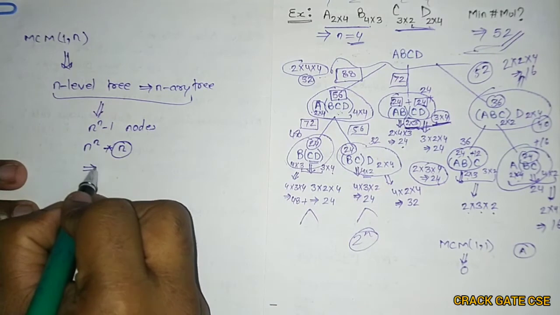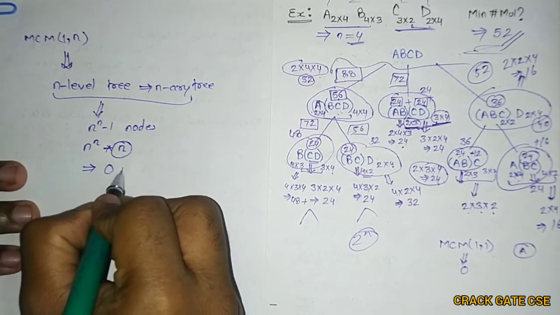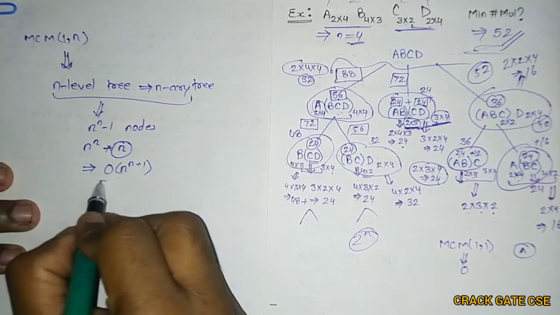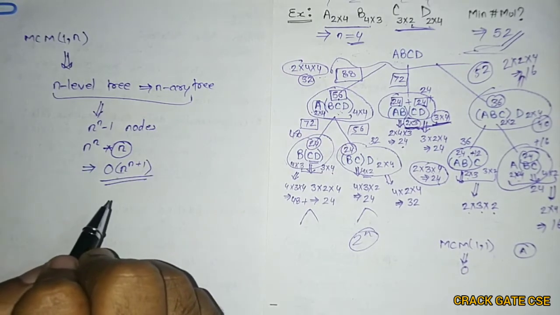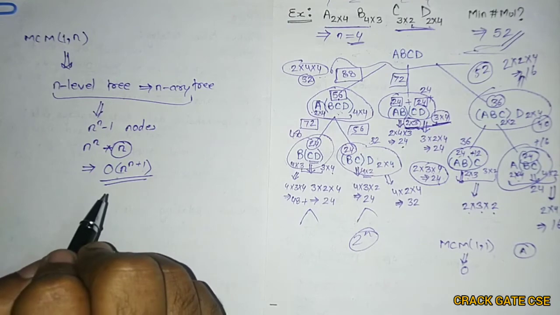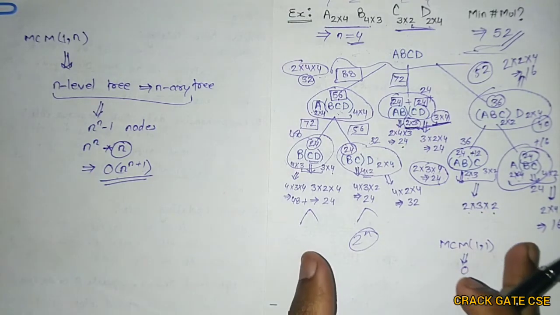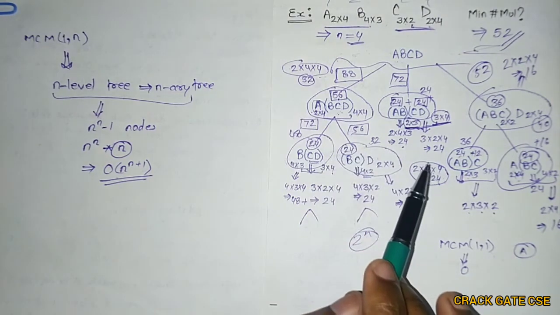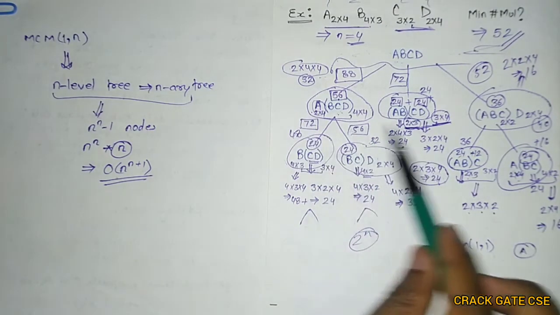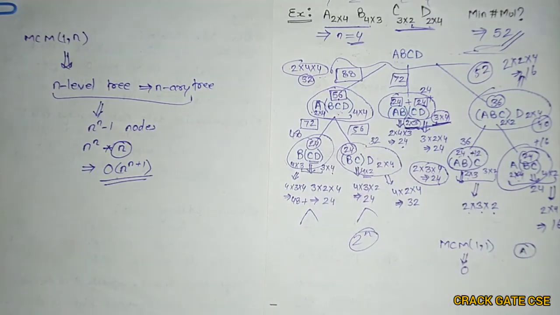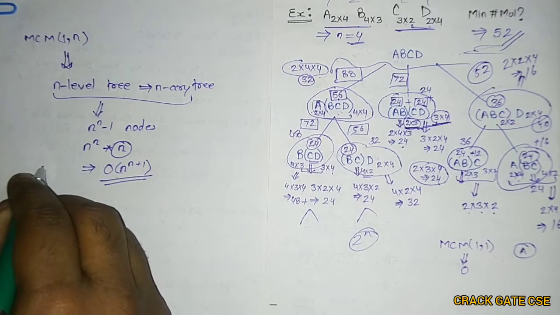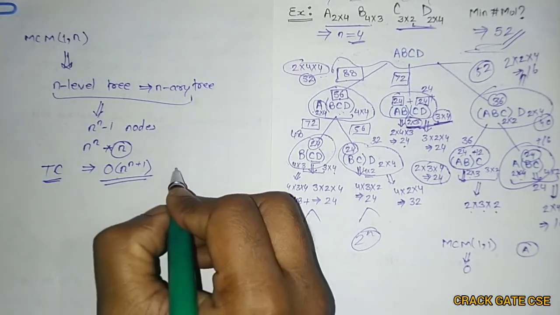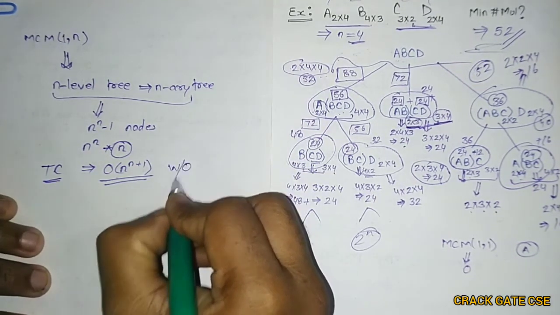So I can write it as order of n to the power n plus 1, right? This will be the time complexity without using dynamic programming, because we are not using any table concept as of now. We are trying to compute all the functions. Here we have executed all the functions one by one, right? In that case, the time complexity will be equal to order of n to the power n plus 1 without dynamic programming.